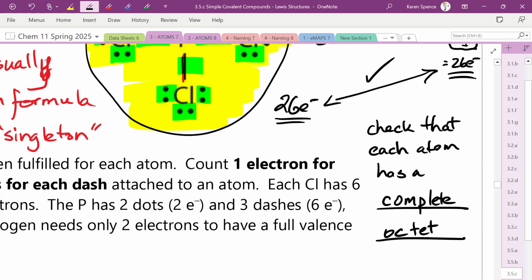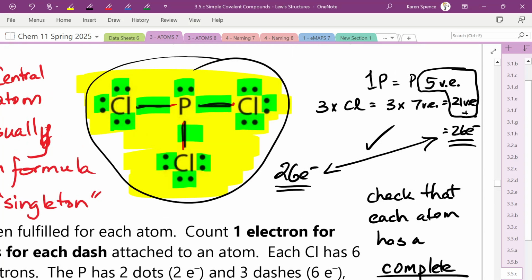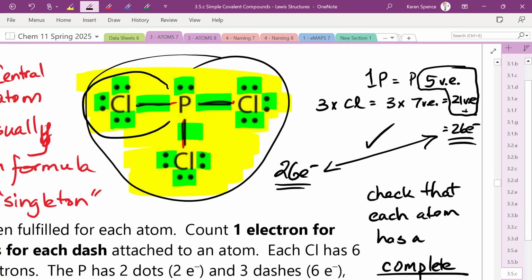Except for who? Except for hydrogen, which only wants 2, but we don't have hydrogen here, so it doesn't matter. Does this chlorine have 8 electrons? Yeah, it does. 2, 4, 6, 8. Okay, so you go around and basically you see, do I have 2 electrons on the top, on each side, and on the bottom? Okay, that'll tell me if it's got 8.